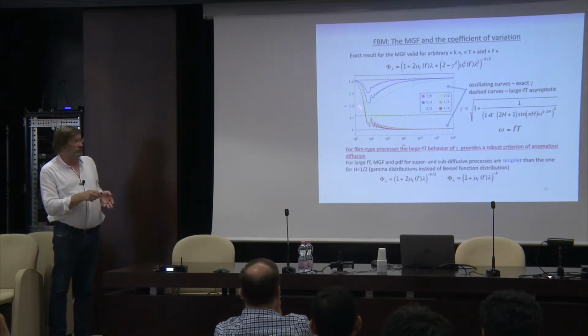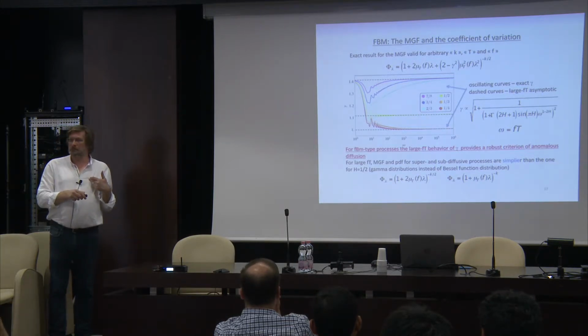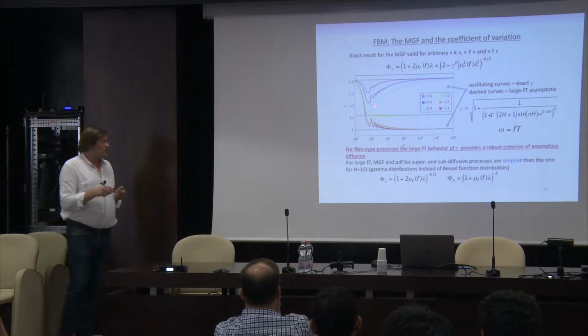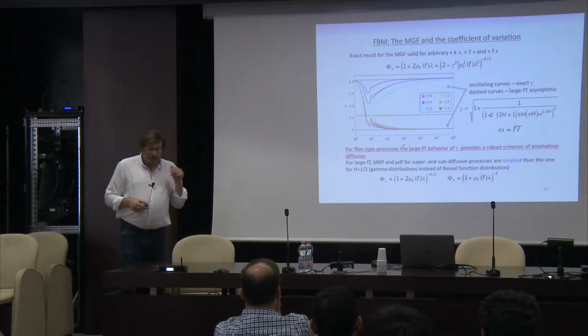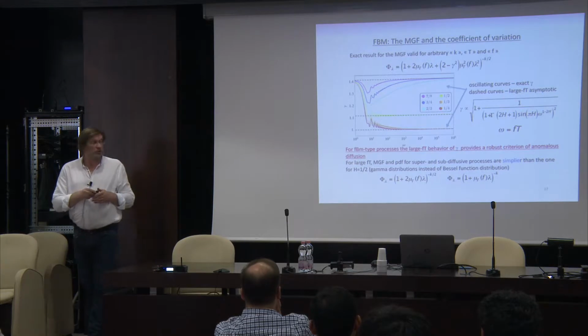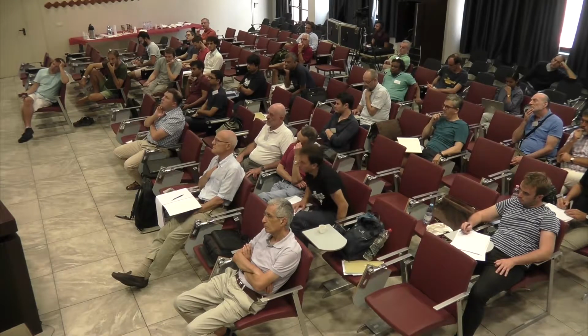You just have to observe the trend. If it saturates here, it will be diffusion. If it is indeed subdiffusion, it will keep on going down. And this is a universal feature, and it will show up at the end of my talk when I talk about Ornstein-Uhlenbeck processes, which are some ultimate case of subdiffusion.